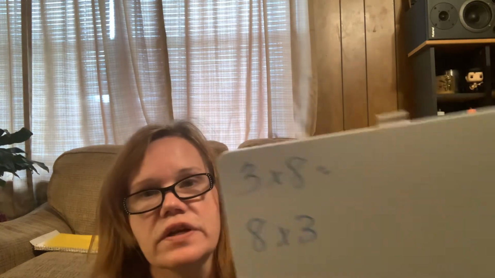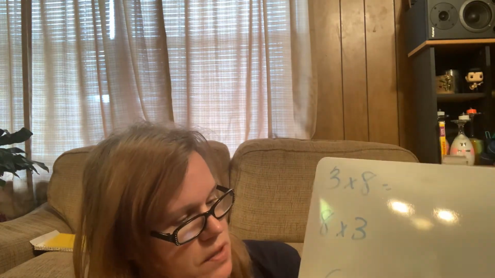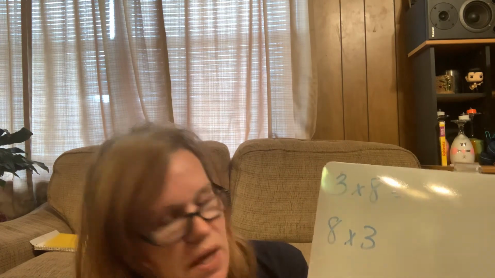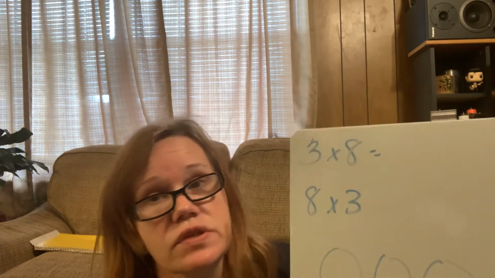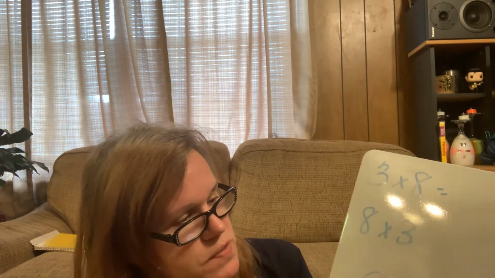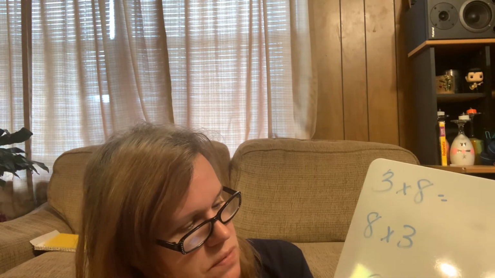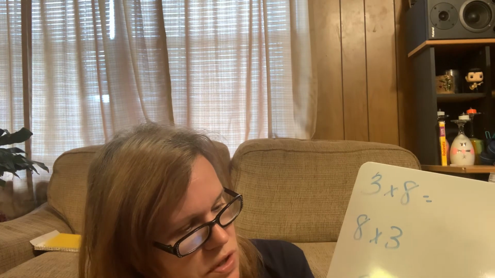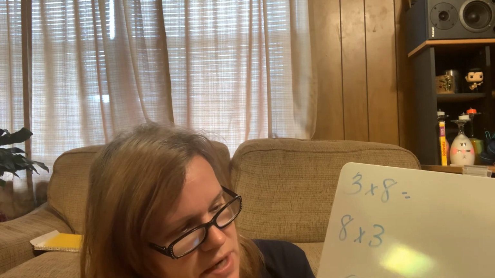All right, so to figure out 3 times 8, I'm going to have 3 groups. And you may already know this, and if you do, then you don't have to draw out these groups, right? So I have 3 groups of 8, but if I don't know it, I would rather take the time and draw it out than get it wrong, right?